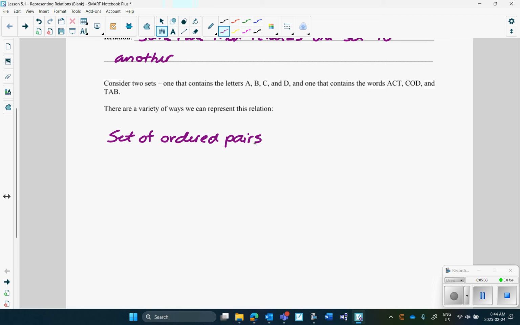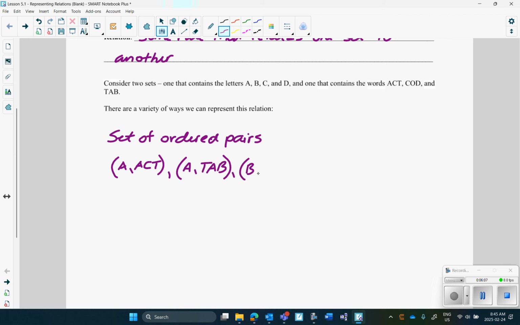So one ordered pair would be A, and what word does that appear in? Act. That would be one ordered pair. We could do another ordered pairing of A because there's another word. Which one? Tap. And then we could do that for all the letters.